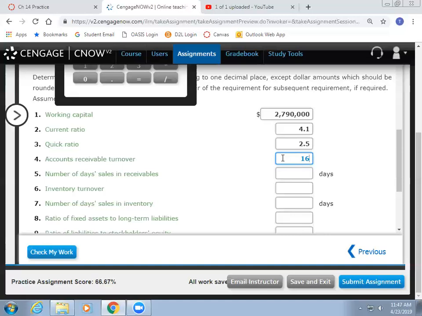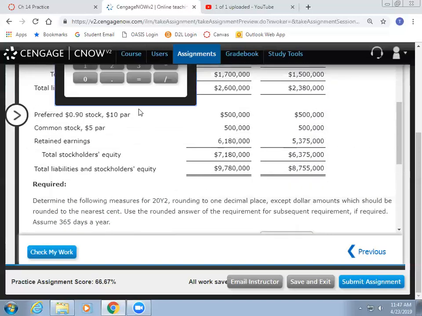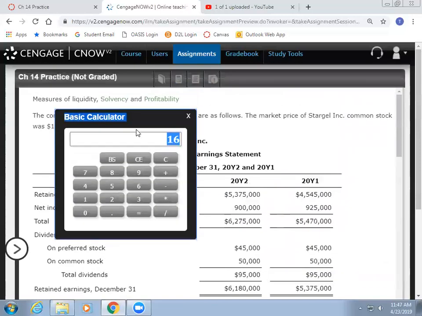Again, I did put that on your notes down at the bottom here. Average daily sales is just sales divided by 365 days, okay? So sales was 10 million, right? Divided by 365 days. That'd be 27,397.3.